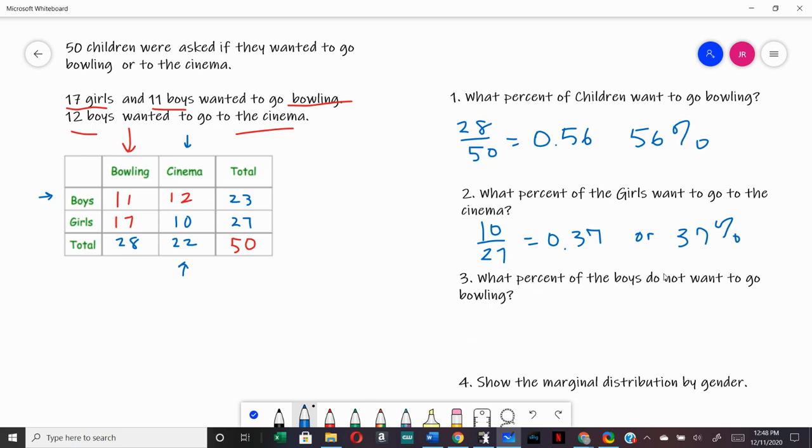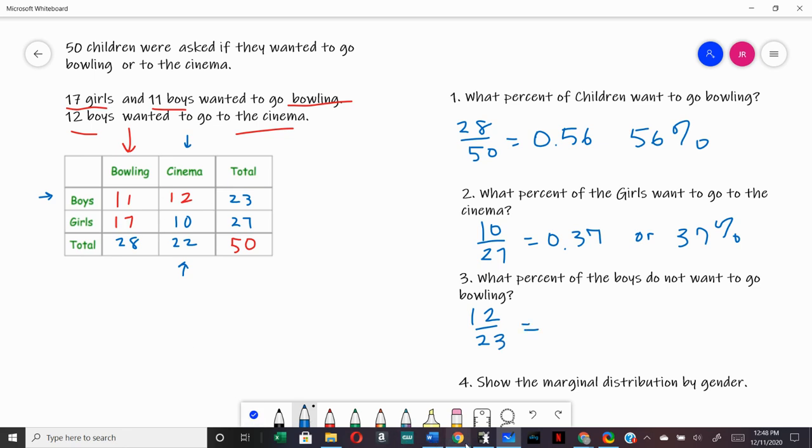Next one says what percent of the boys do not want to go bowling. So we're going to look at the boys row right here, total of 23. We want to look at how many do not want to go bowling. So we're going to ignore the bowling and look at the cinema. That means 12 out of 23 want to go to the cinema.